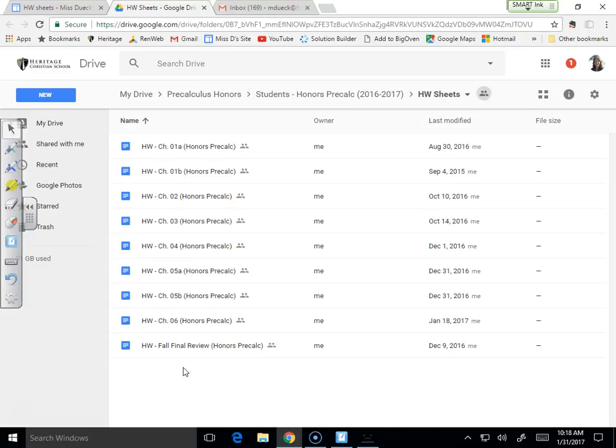You are allowed to make a 3x5 card. Only the formulas from 6.3 and beyond. Law of sines, law of cosines, and the two area formulas from 6.1, 6.2 you are not allowed to provide. But any vector or complex number formulas from 6.3, 6.4, or 6.5 you can put on the formula card.